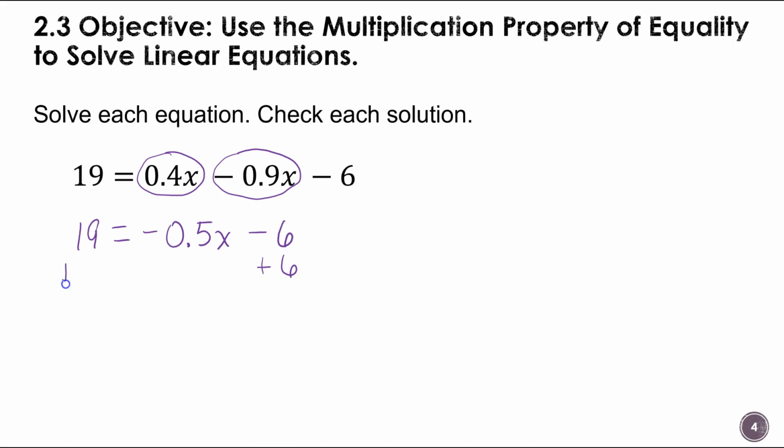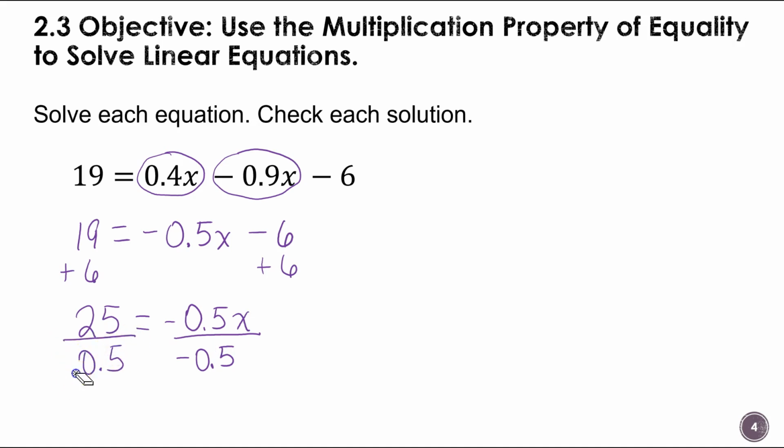We're going to add 6 to both sides, which leaves me 25 equals negative 0.5x. And we're going to divide both sides by negative 0.5. Once again, you can just use calculators to figure this out.